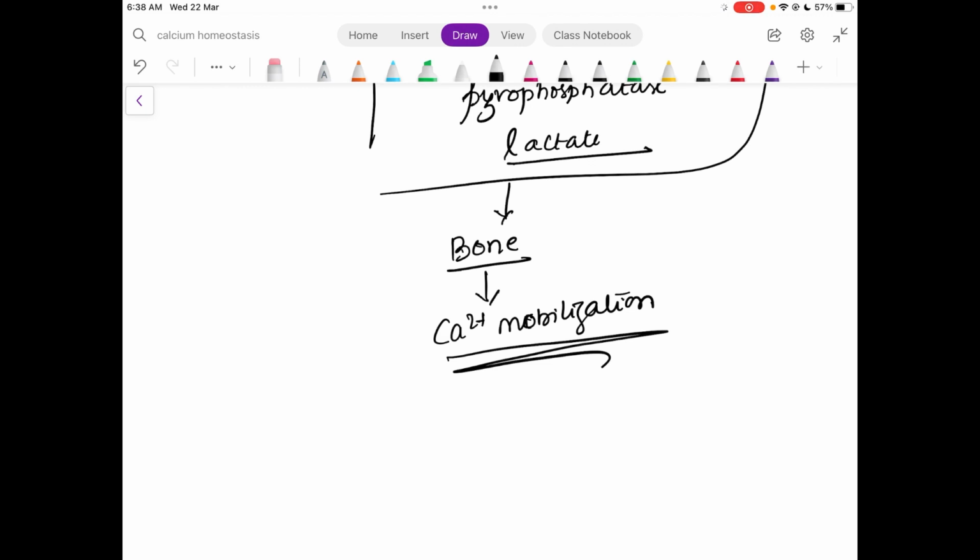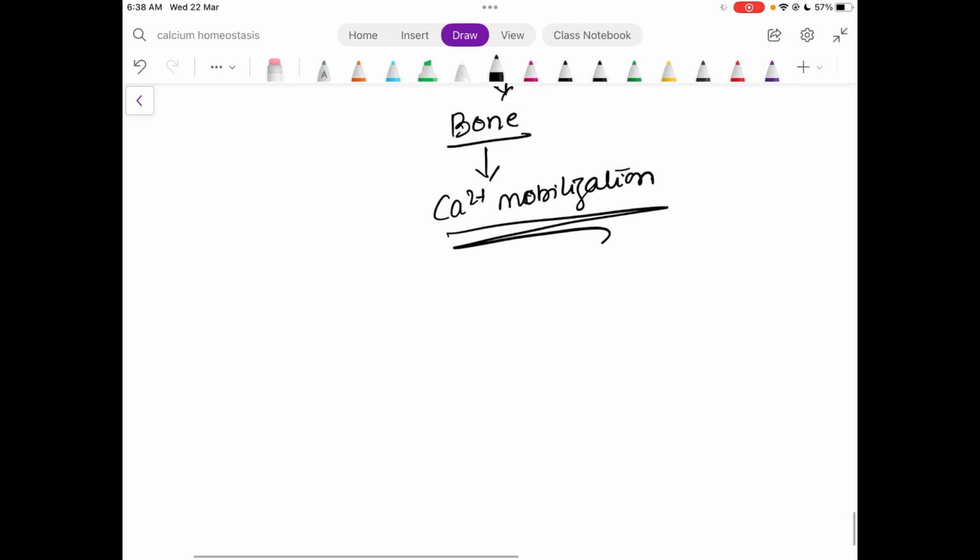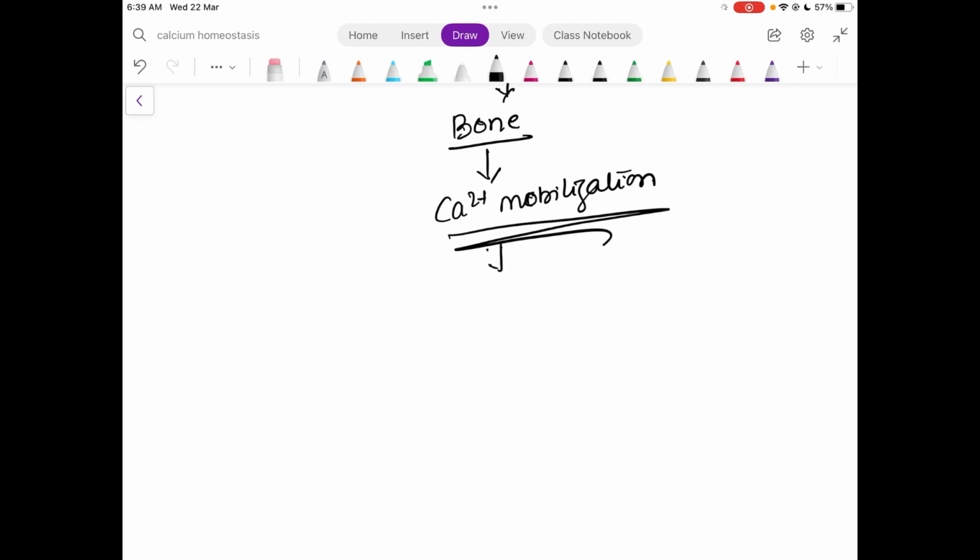This osteoclast will have phospholipase C enzyme. PTH will stimulate that enzyme and cause secretion of collagenase, pyrophosphatase, and lactate. These will act on bone matrix and cause calcium mobilization. This calcium mobilization will cause loss of bone matrix. That means there will be demineralization of bone.